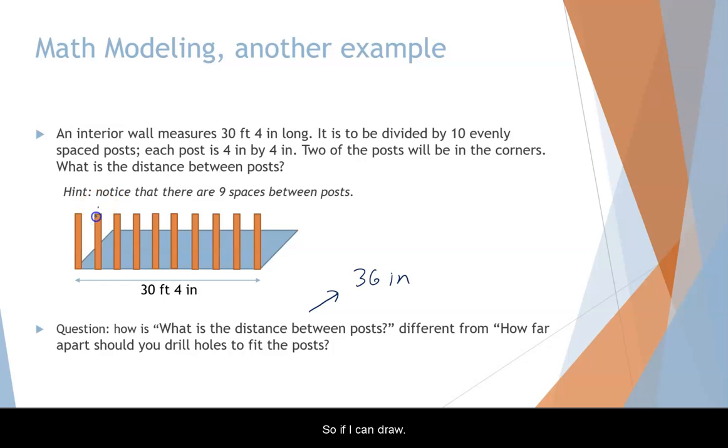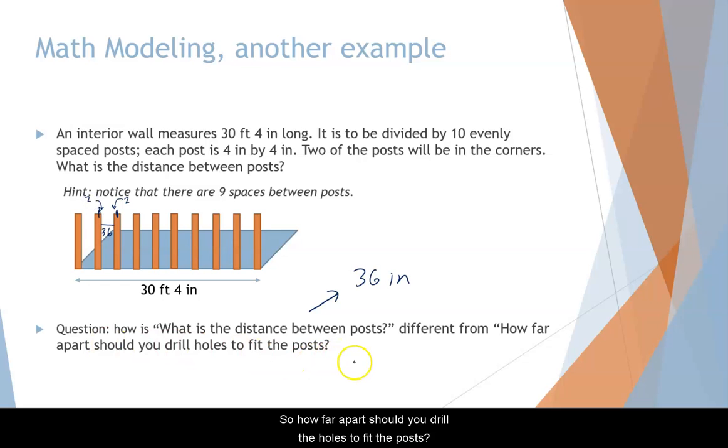So if I can draw, oh my gosh, center to center, I know that the space in between is 36. But to go from the center to the center, since each post is 4 inches, there should be a 2-inch gap right there on either side.